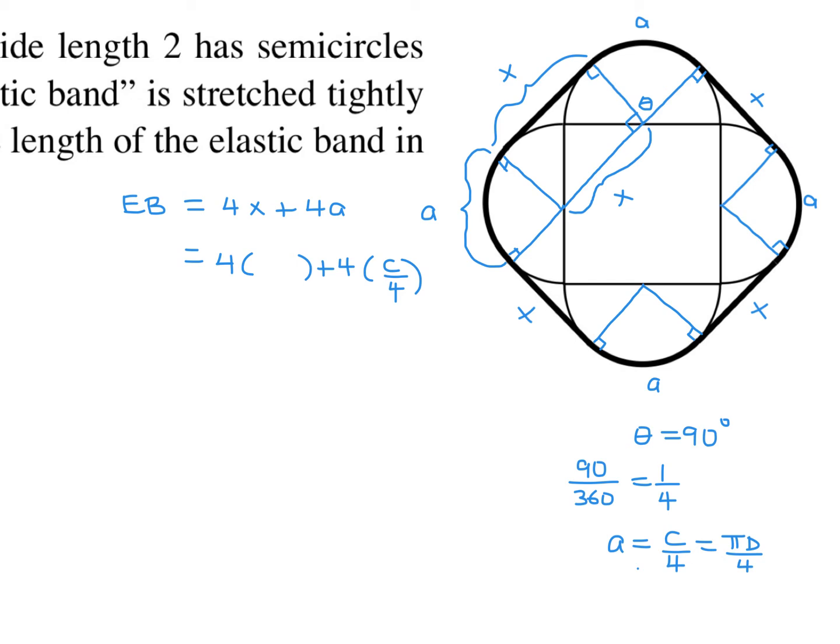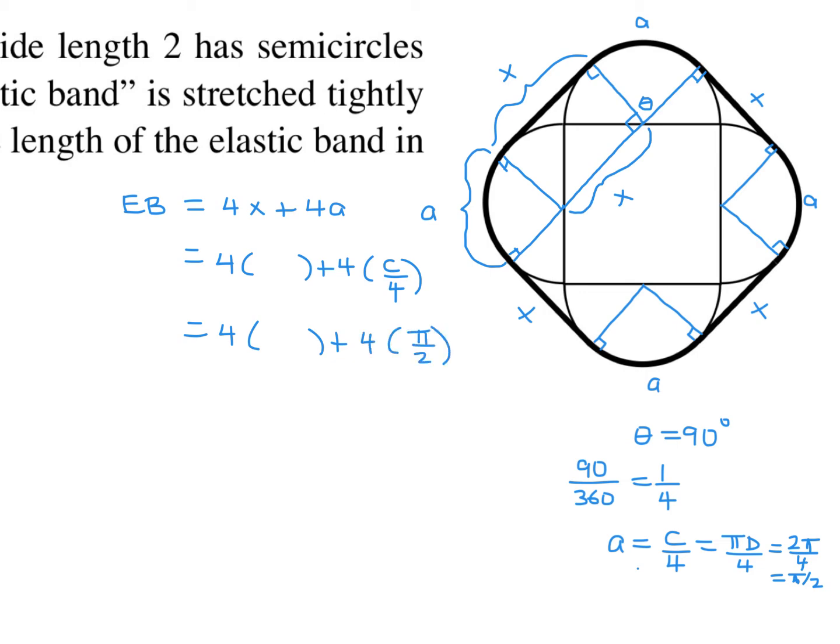So this is 2 pi over 4, which is pi over 2. Pi over 2 is the value for a. So I put that in there.